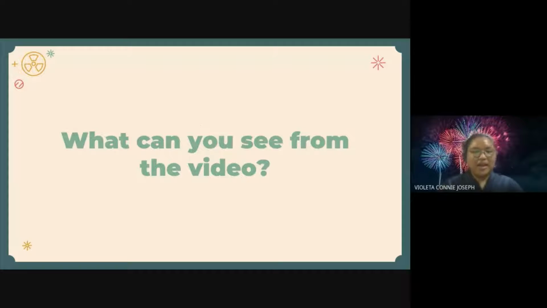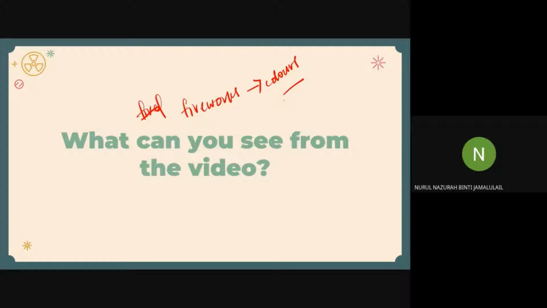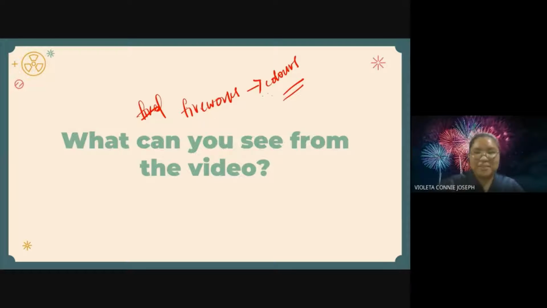So actually this video relates to what we are learning today, which is basically, okay, as a hint lah, for fireworks, there are many colors, am I right? Yes. Okay, so actually these colors came from the salts that are created. They are used to create the fireworks.